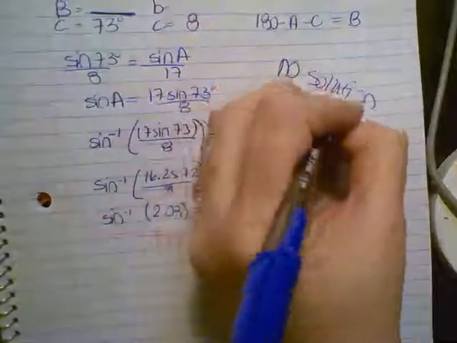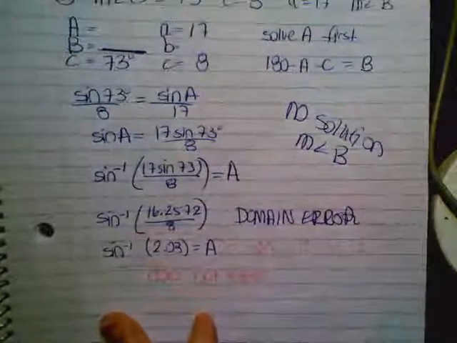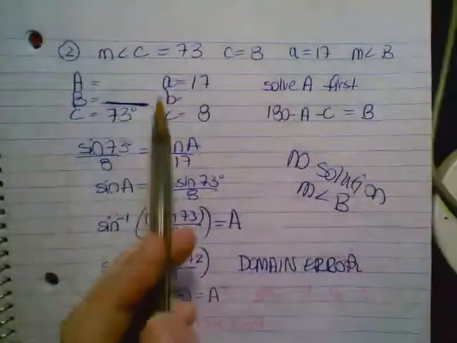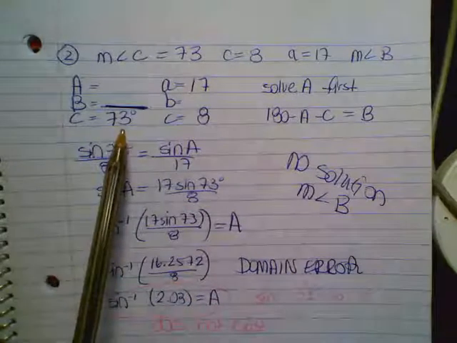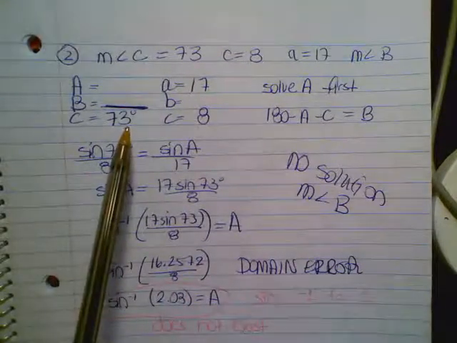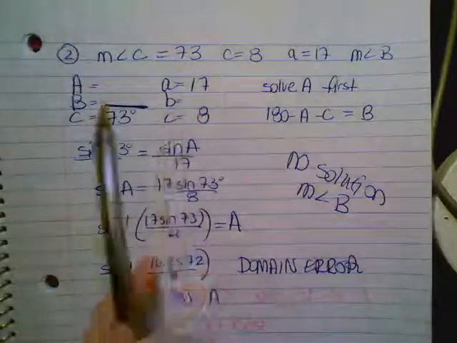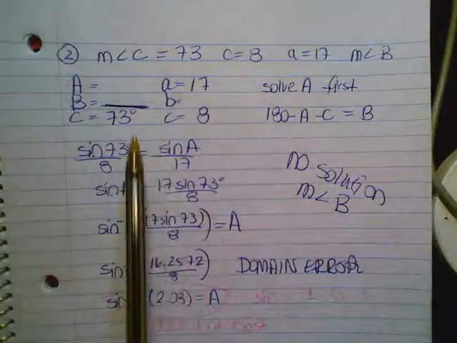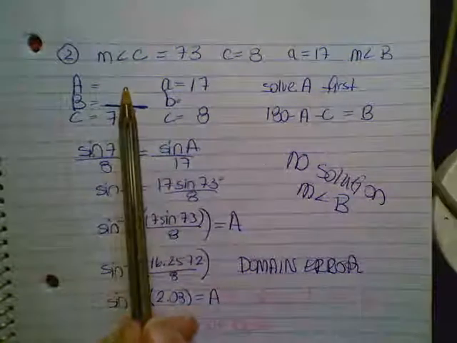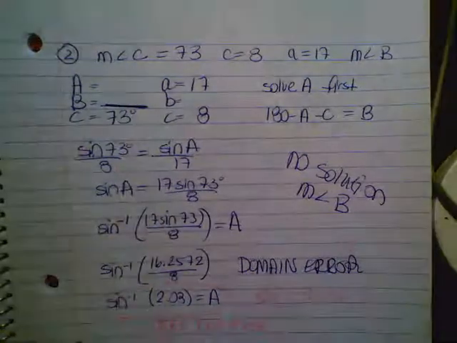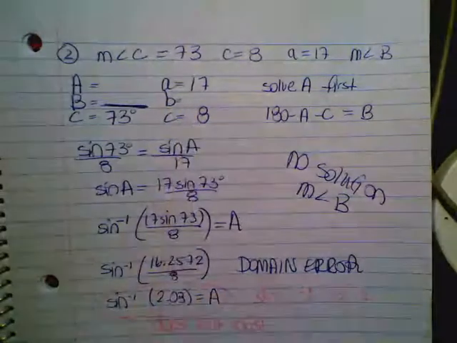Measure of angle B, there's no solution. It doesn't exist. This triangle is not possible based on these measurements. The side is not long enough. So I couldn't even find this angle for A given what I've got. I didn't even get to the point of finding angle B.